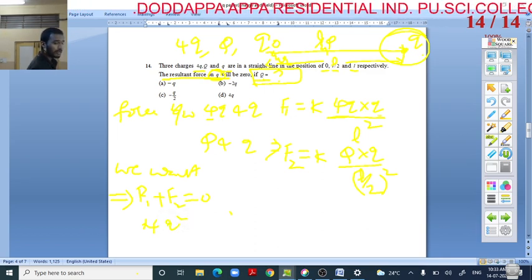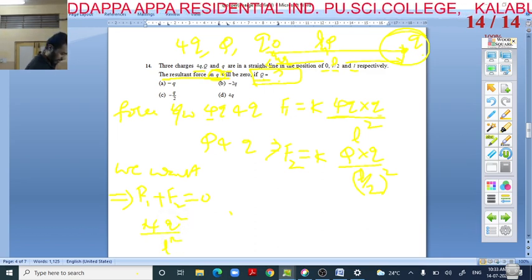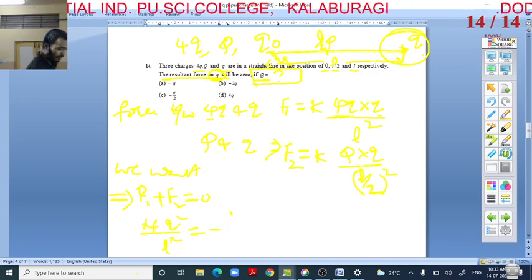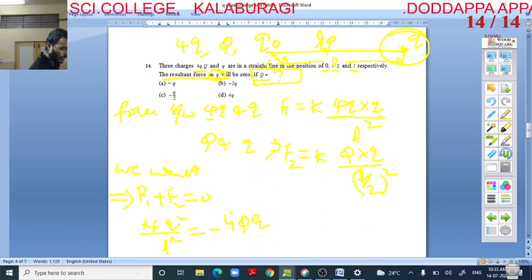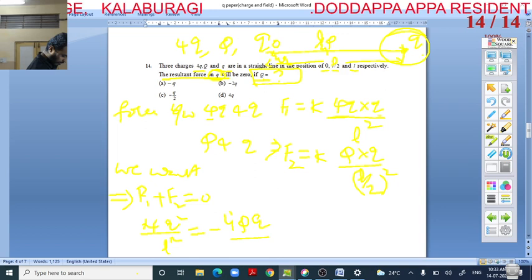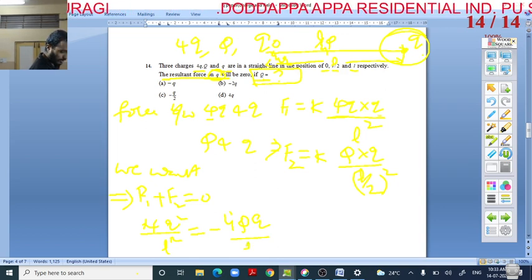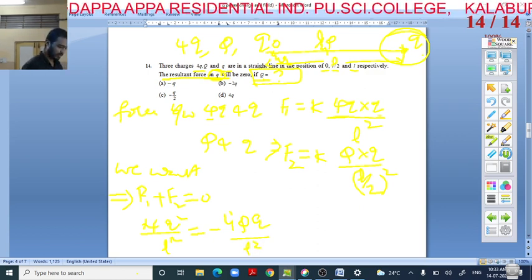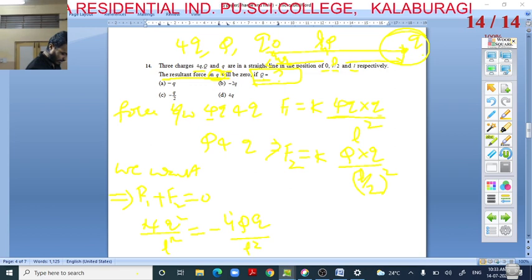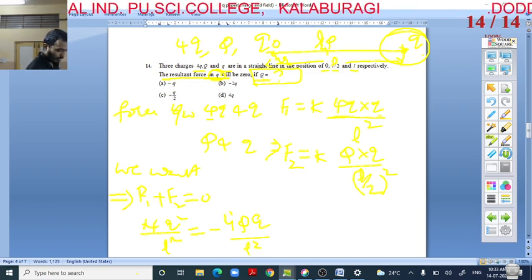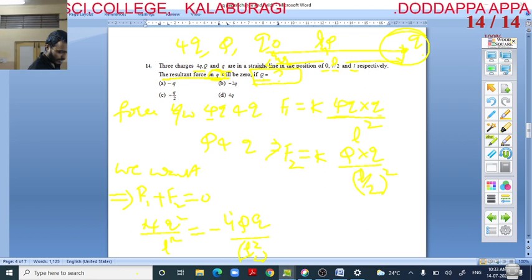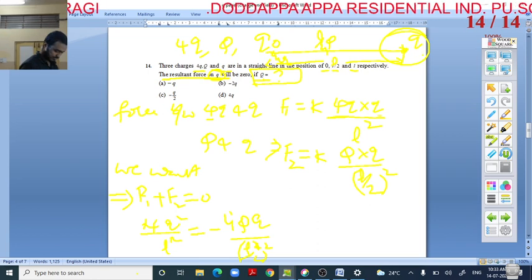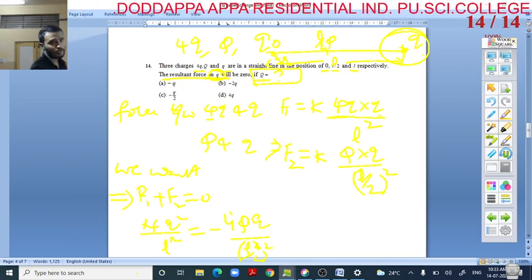Q square divided by L square is equal to minus 4Q divided by L by 2 whole square.